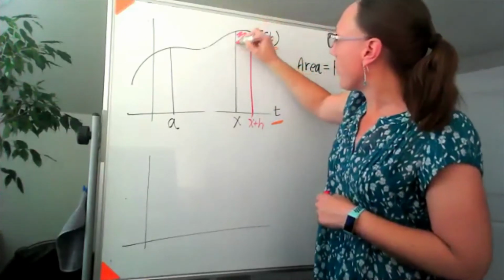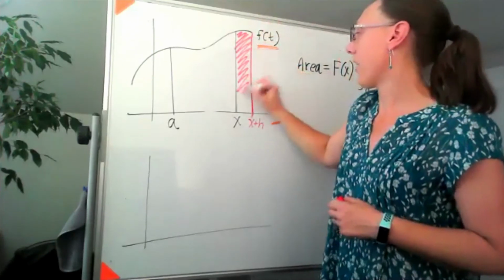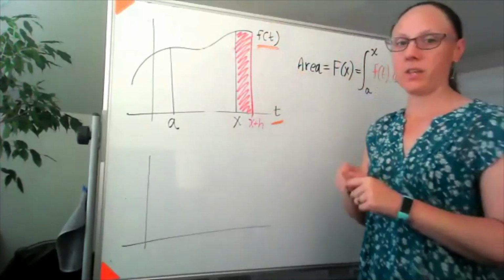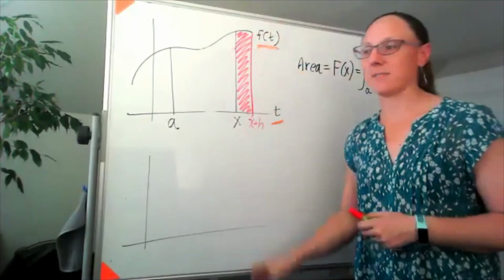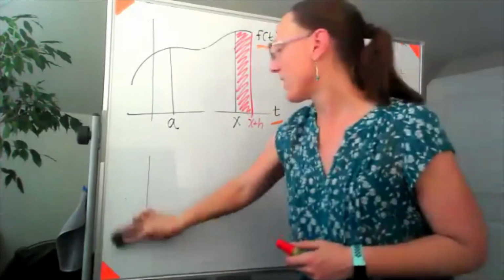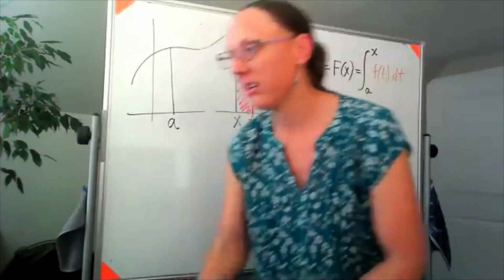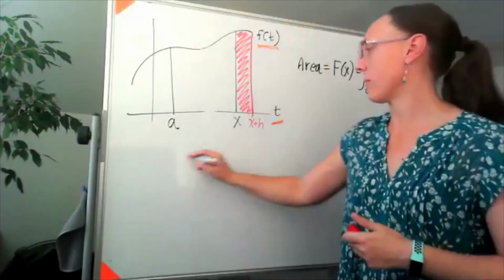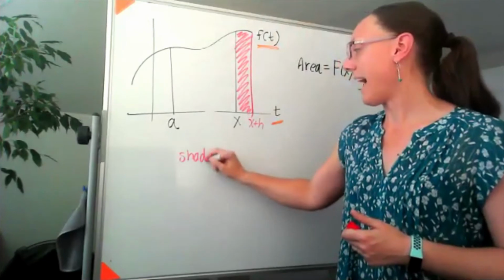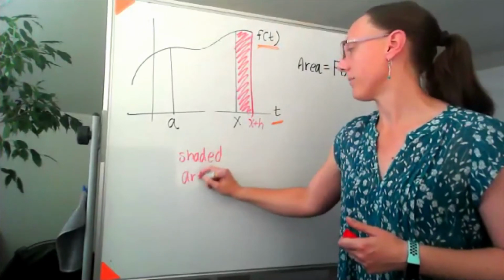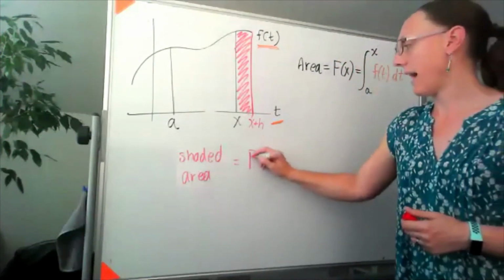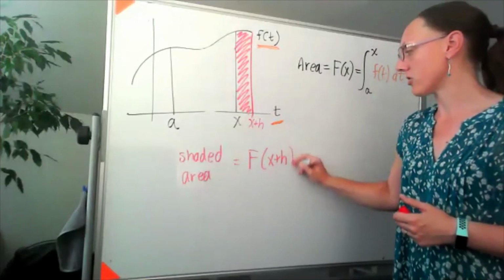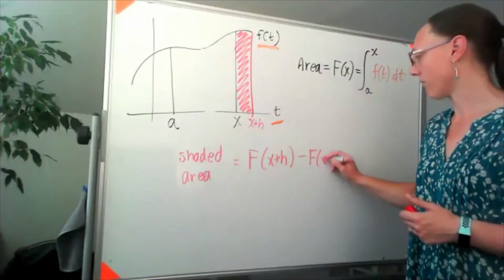And I really wanted the area right here between x and x plus h. So this actual shaded area, my red shaded area, trying to keep track of my colors here, the actual shaded area would be f of x plus h minus f of x.